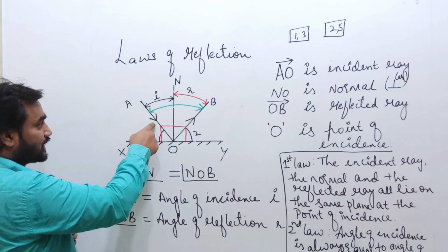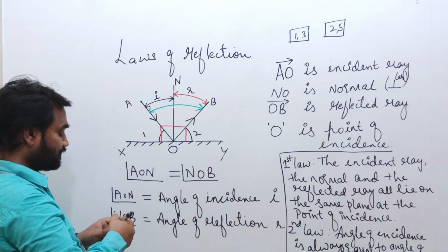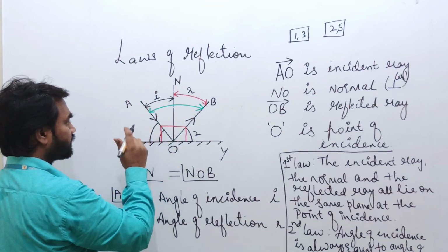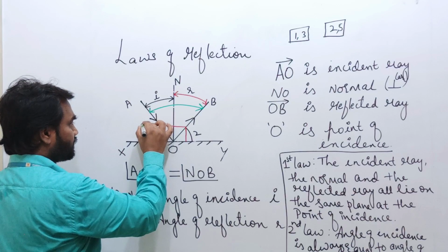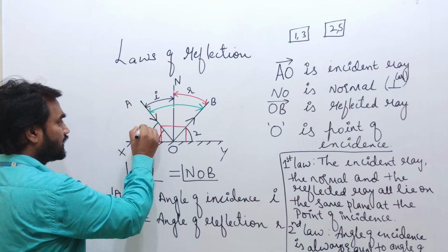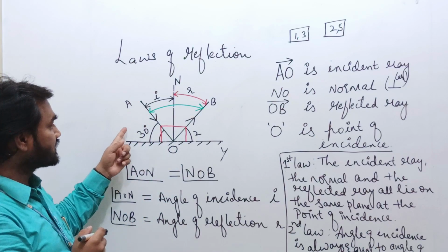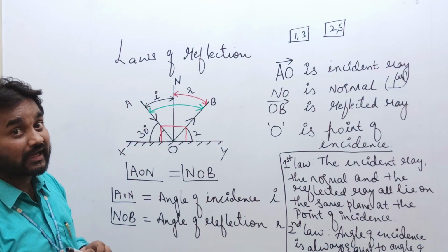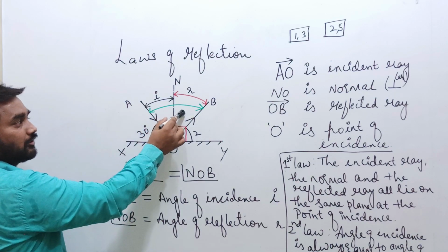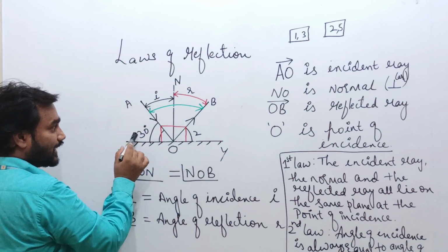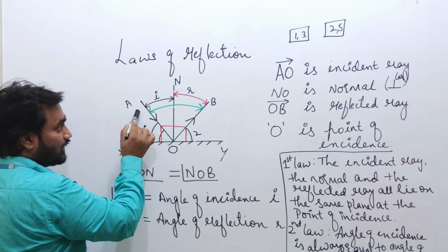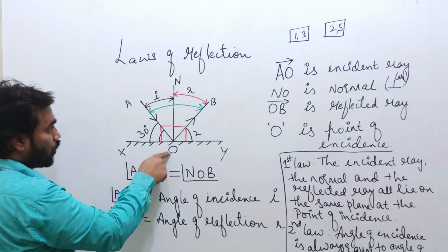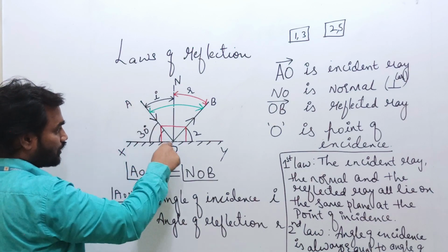Suppose they give the glancing angle to the surface as 30 degrees, that is XOA is 30 degrees. Then what will be the angle of reflection? He is asking for the angle of reflection. You know that the glancing angle and the angle of incidence will be equal to 90 degrees, that is XOA plus AON.